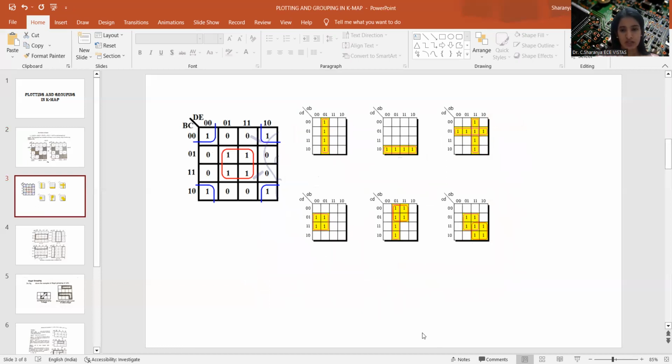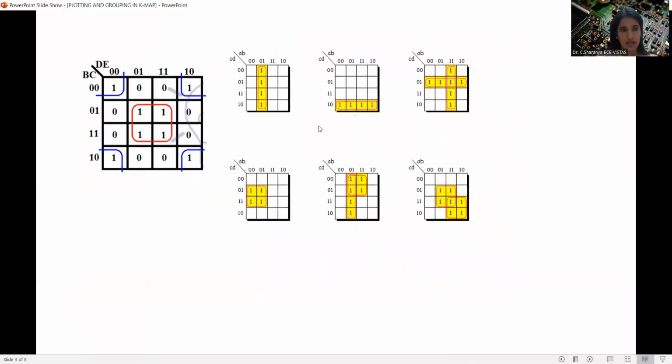This is how we generally group K-maps. All these central ones can be grouped together.